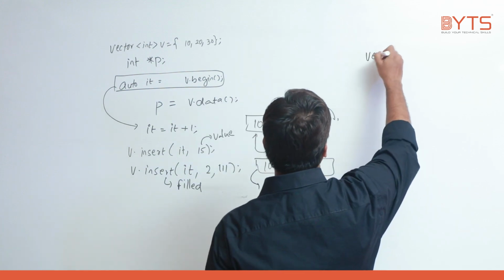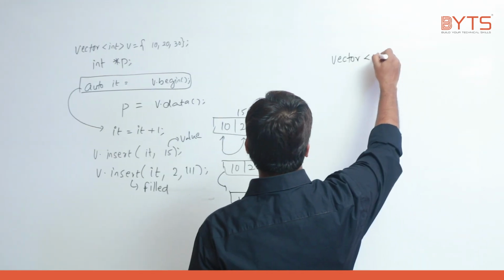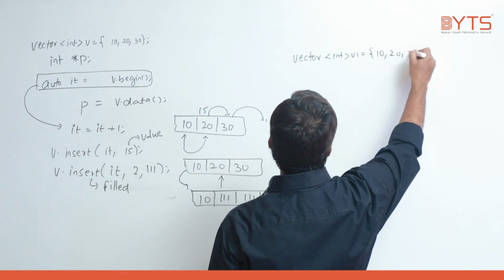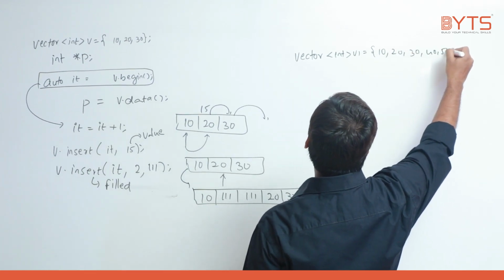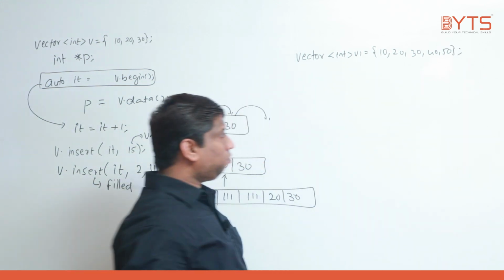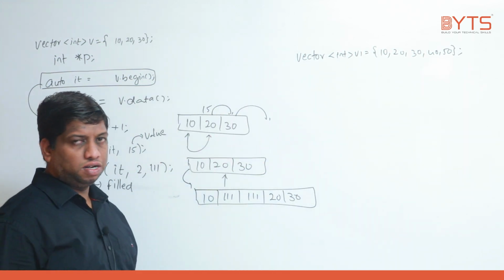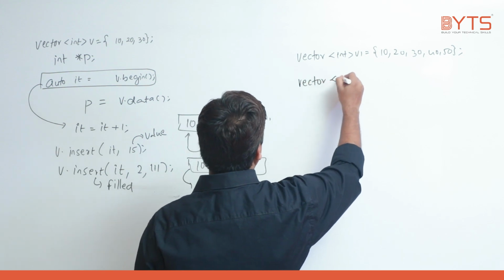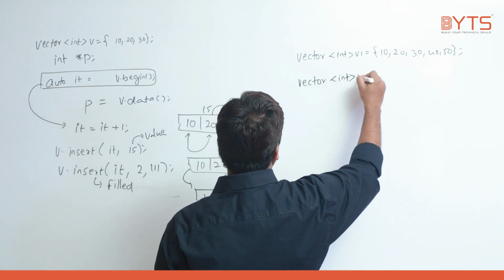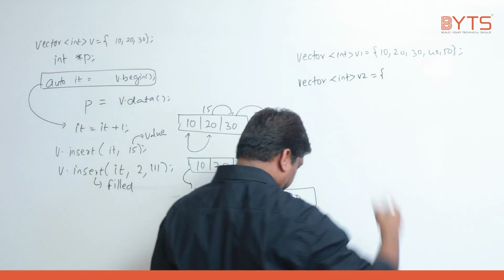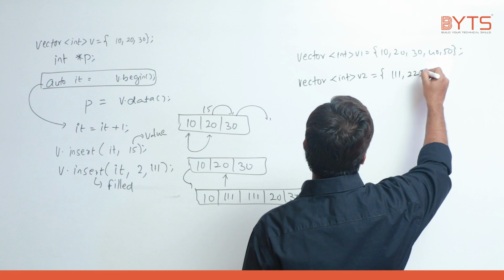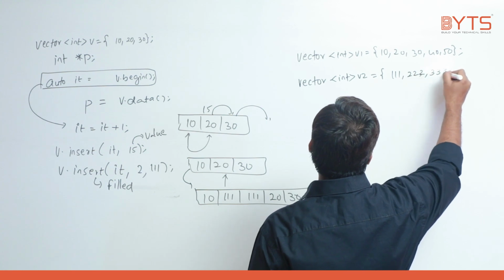See here. vector<int> v1 = {10, 20, 30, 40, 50}. We have a vector like this. Now vector<int> v2 = {111, 222, 333, 444}.